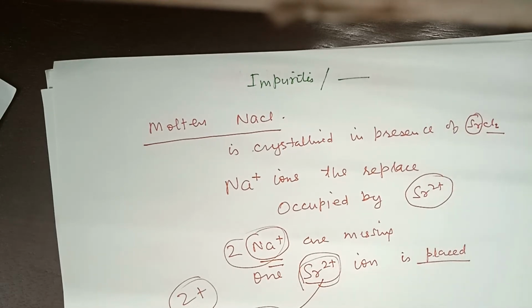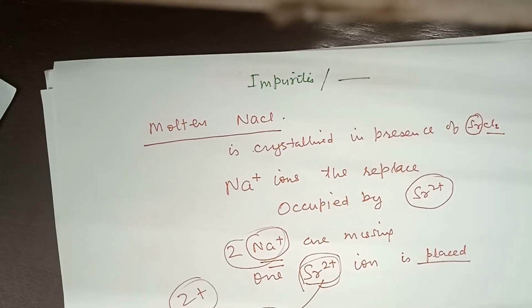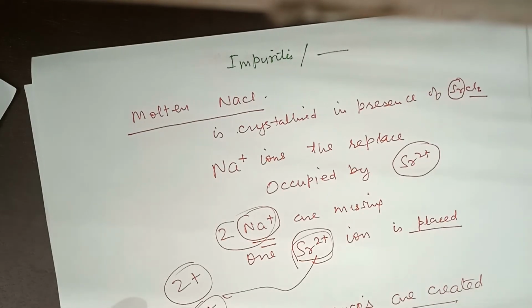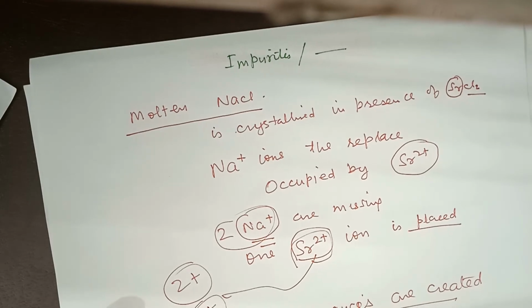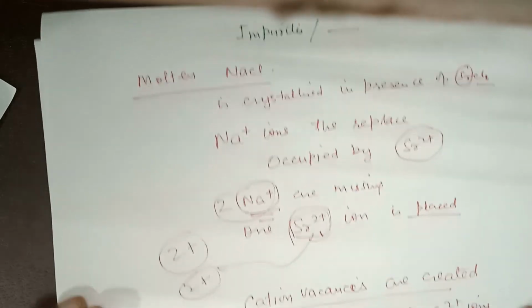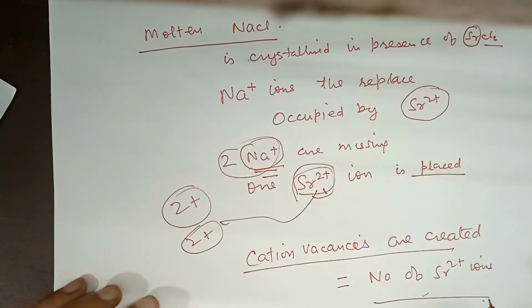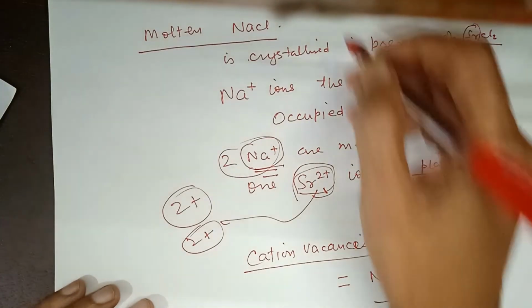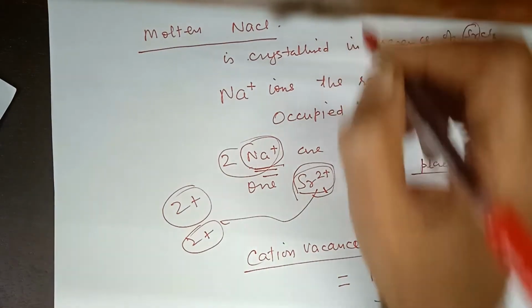So cation vacancies are created, and these cation vacancies are equal in number to the Sr2 plus ions added, because 2 sodium ions are missing and 1 strontium Sr2 plus ion is placed. So this is called impurity defect.